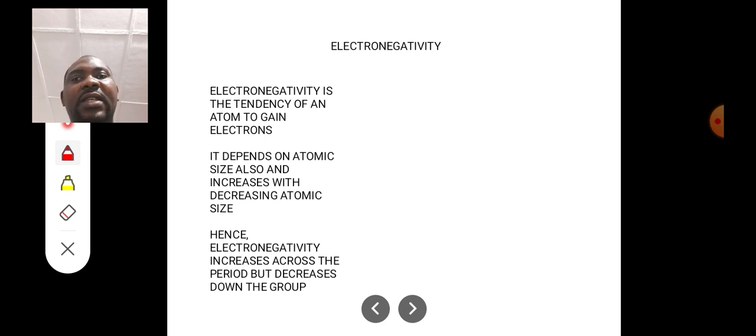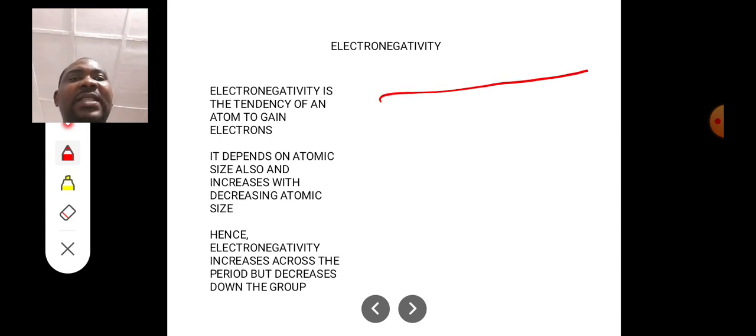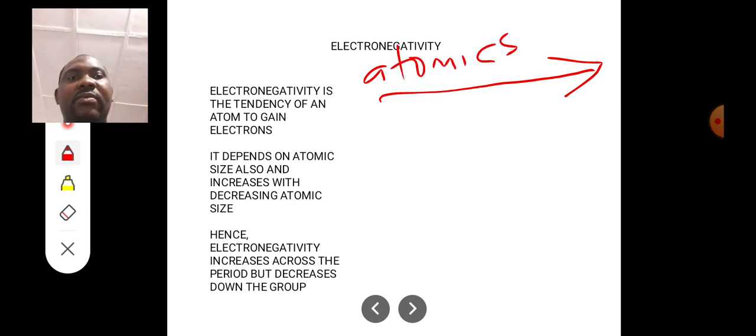Now, I would like to say this. Have you noticed that ionization energy, electron affinity, and electronegativity, the three of them, are the reverse of atomic size? Atomic size decreases as we go across the period.